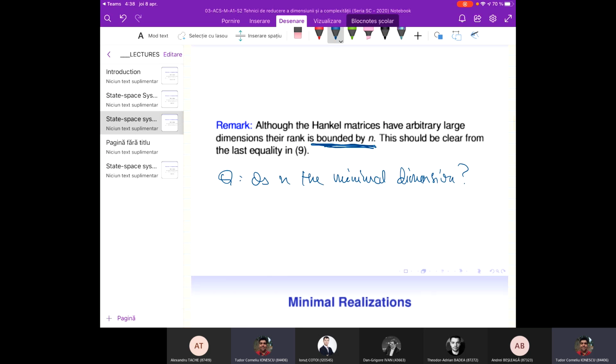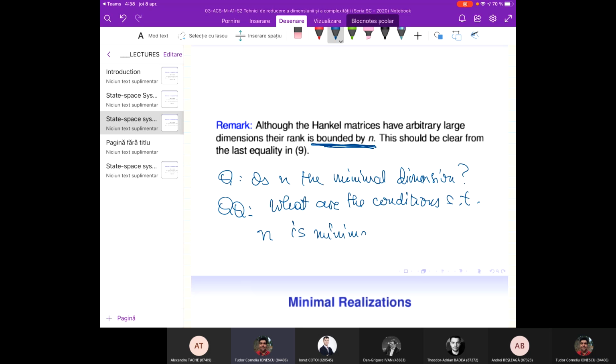Or even better, what are the conditions such that n is minimal? These are the questions we need to answer.